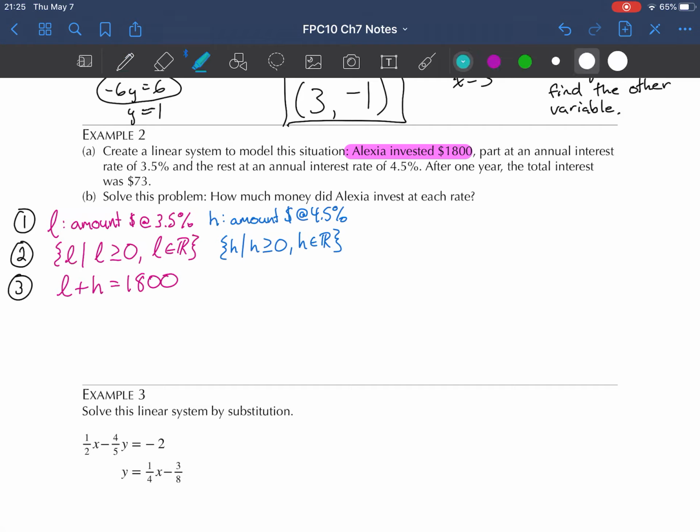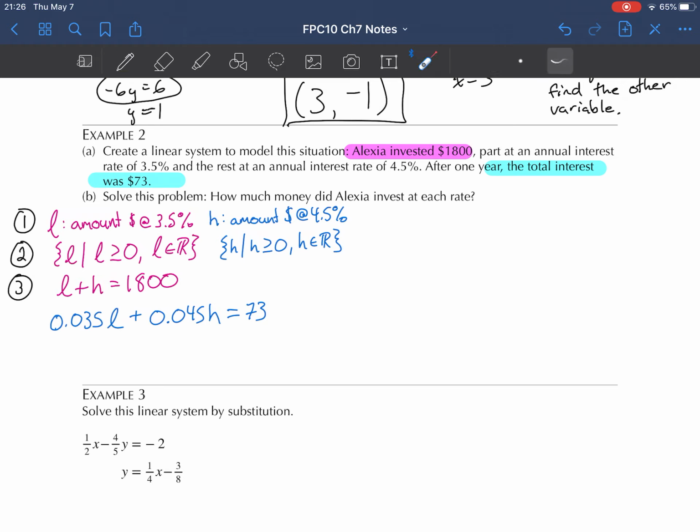Now, the second one: the total interest was $73. So the interest she made at the low amount plus the interest she made at the high amount will give us $73. For the low amount, you take her interest rate, 0.035, times the amount of money she invested at that rate, plus 0.045 times the amount she invested at the higher rate, and the total of these two interest amounts is $73.